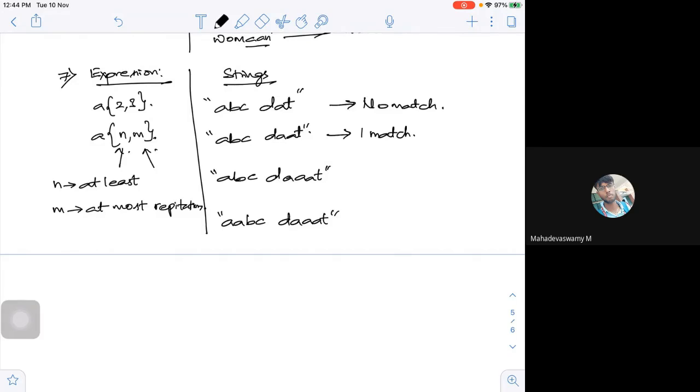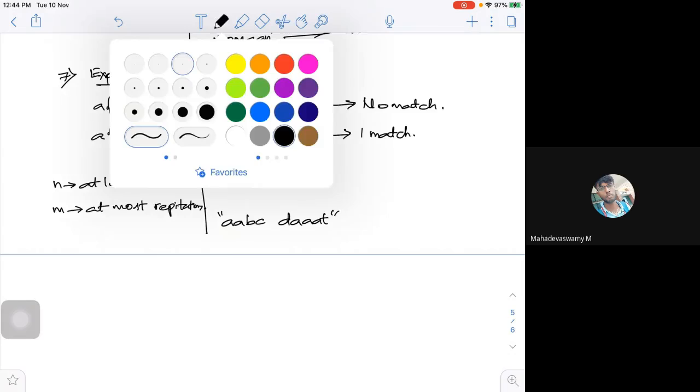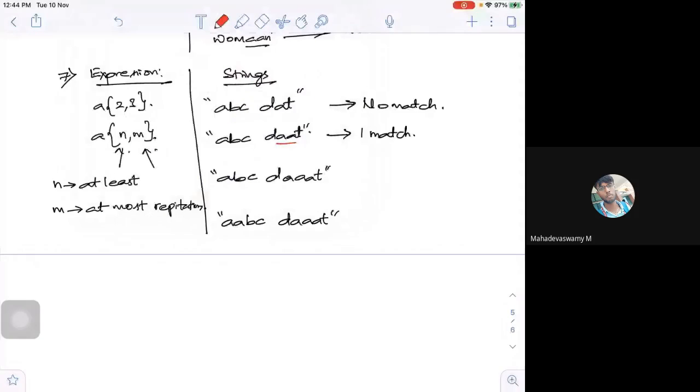What is that? Your AA is repeating. I need to look for this AA repeating how many times. At least twice it has to repeat to a maximum of 3.